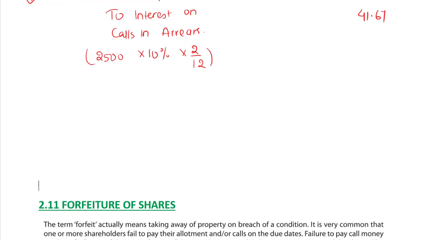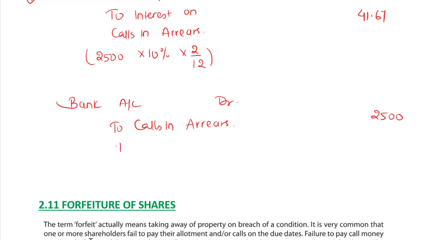And at last, bank account debited to calls in arrears 2,500 and to interest on calls in arrears 41.67, total 2,541.67. I believe you understood.